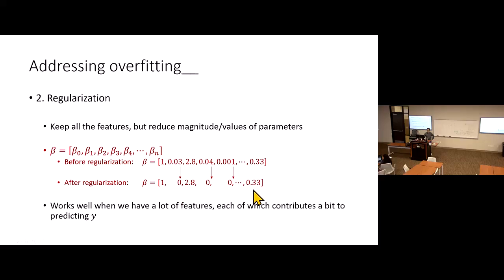So if you use this regularized version of beta to do the prediction, you effectively remove some of these variables, because a lot of variables will be set to 0. There's no contribution. You can exclude them from the modeling.